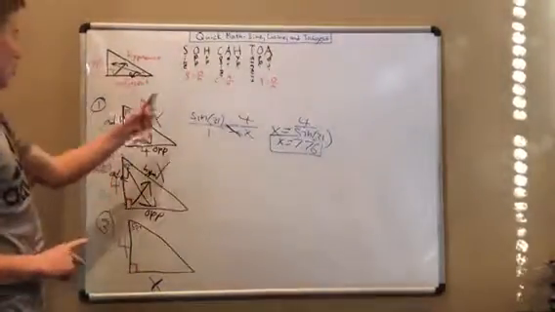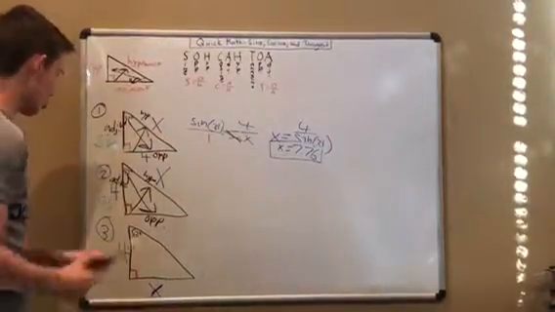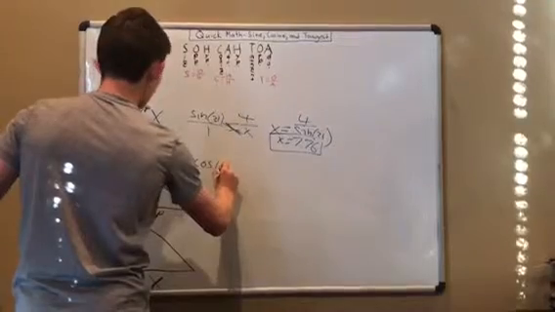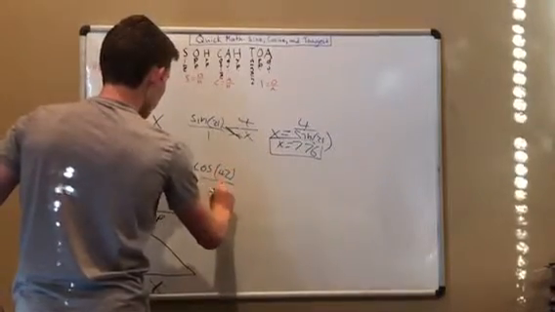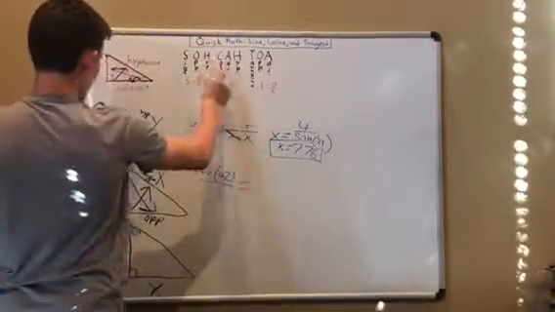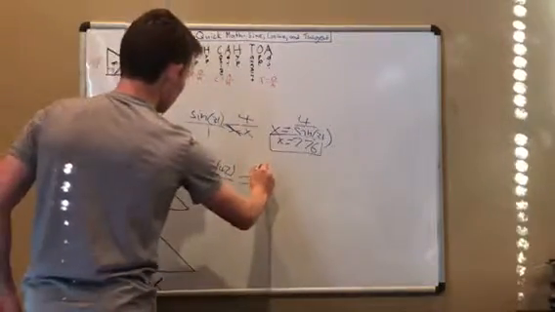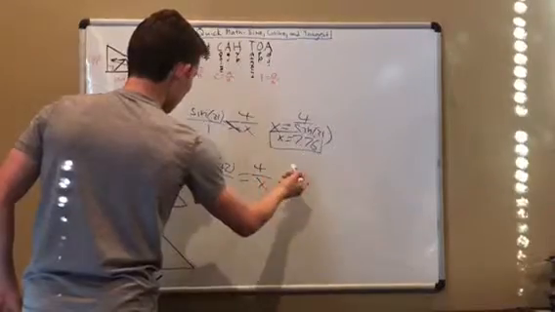equals adjacent over hypotenuse. So that's where we go to our ratio. We get cosine of 42 over 1 equals adjacent over the hypotenuse. The adjacent is 4 over the hypotenuse, which is x. And that would simplify too.